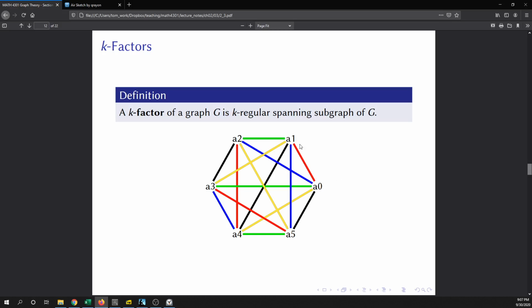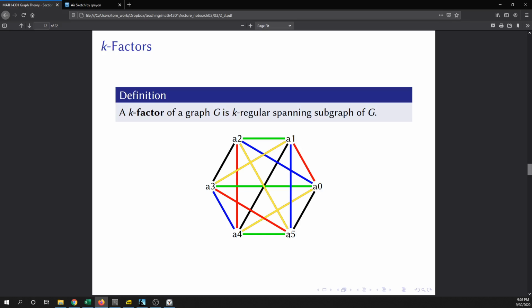Not only that, the subgraphs of all edges of one color, with the endpoints included, are also 1-factors. If you look at just the blue edges, the endpoints here are A3 and A4, here A2 and A0, A1 and A5.